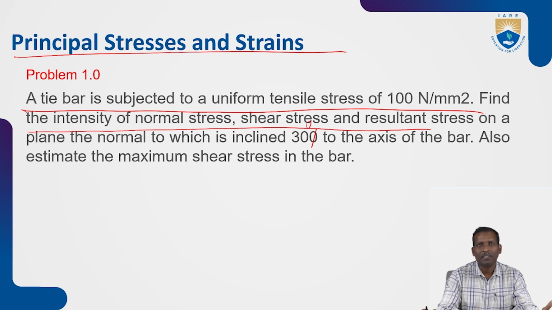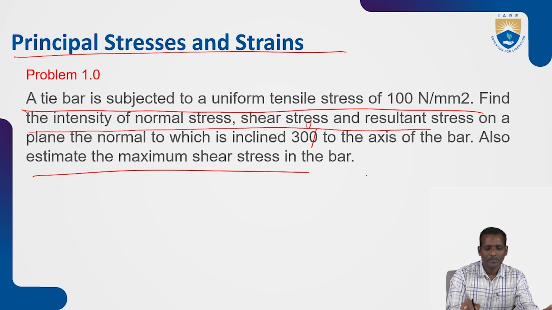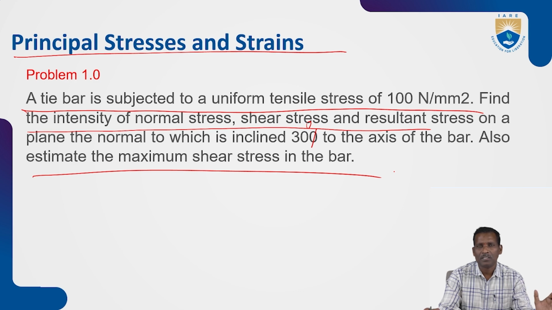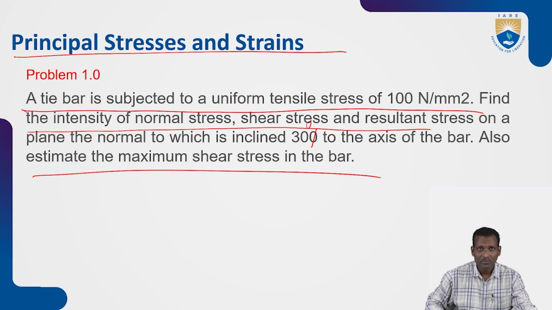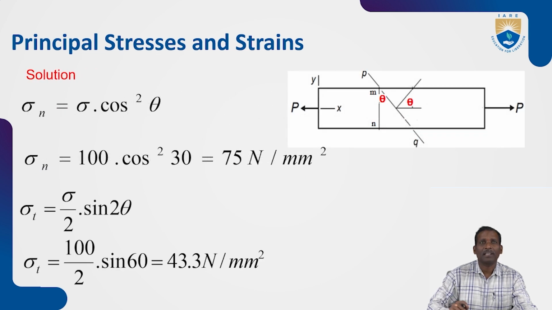Also estimate the maximum shear stress in the bar. The tie bar is subjected to uniform tensile stress of 100 Newton per mm square, and we have to find the normal stress and the resultant stress on the plane inclined at 30 degrees to the axis of the bar, and finally calculate the shear stress.